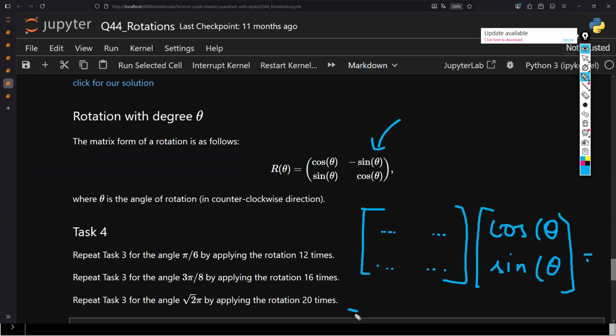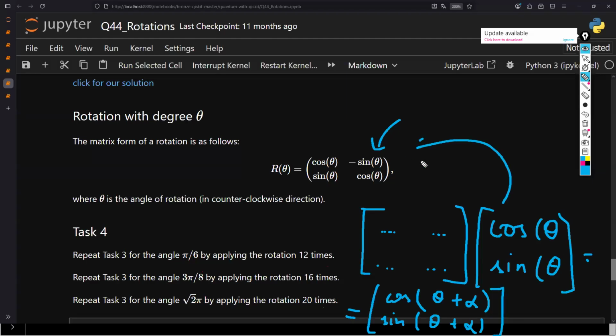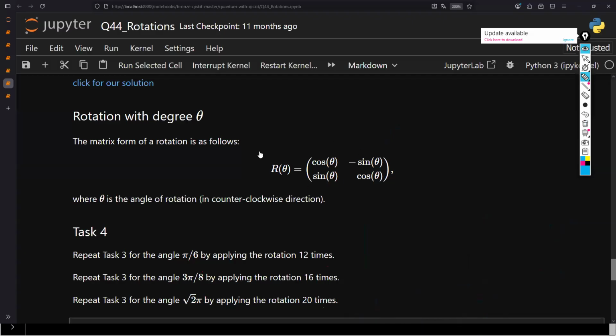And what I get as a result is cosine of theta plus some angle alpha, and sine of theta plus some angle alpha, right? So this would be the equation that would end up giving you the actual matrix that we see here for the rotation.